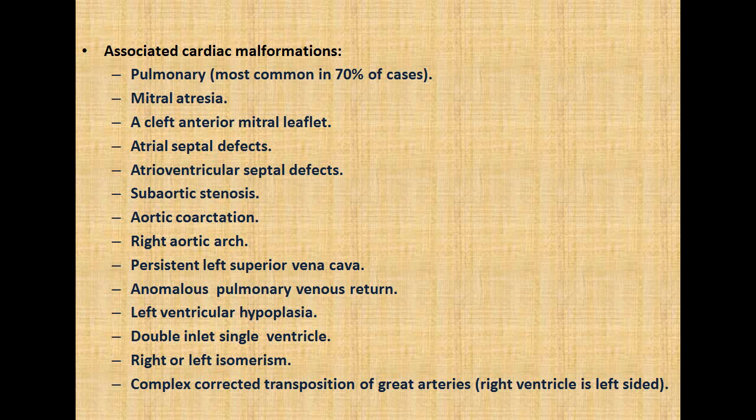Mitral atresia, cleft anterior mitral leaflet, atrial septal defects, atrioventricular septal defect, subaortic stenosis, aortic coarctation, right aortic arch, persistent left superior vena cava, anomalous pulmonary venous return, left ventricular hypoplasia, double inlet single ventricle, right or left isomerism, complex corrected transposition of the great arteries, where the right ventricle is left-sided.